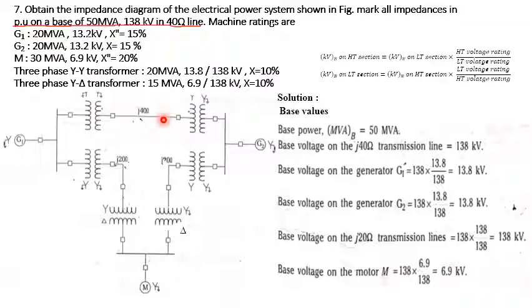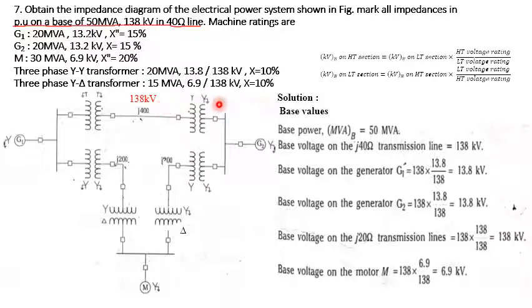This is our base. The new MVA base is 50 MVA. This will remain the same for the entire network. What is the base voltage on the 40 ohm transmission line? It is 138 kV. Clear? So this is 138 kV.